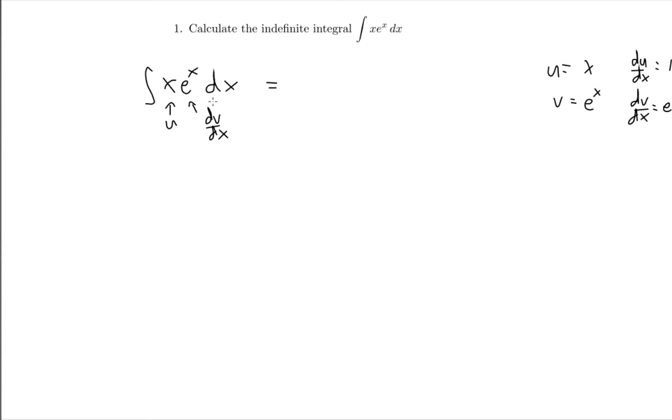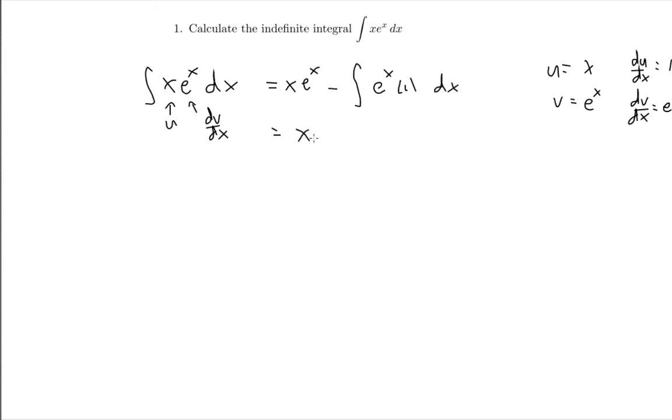So now we go with the integration by parts formula, which is u times v, so x e to the x, minus the integral of v, which is e to the x, times du by dx, which is just 1, and of course dx.